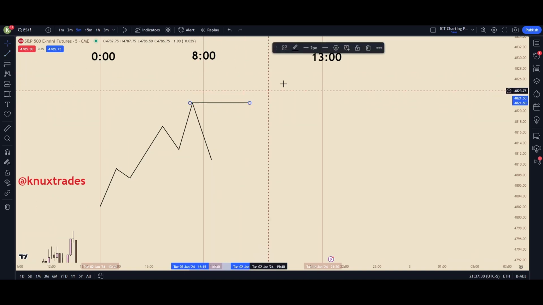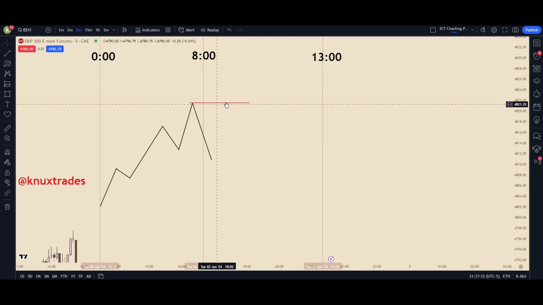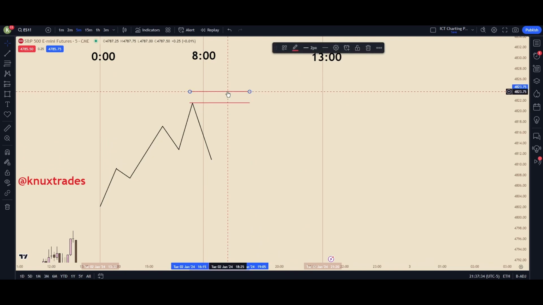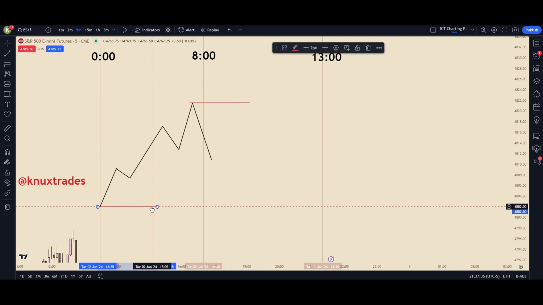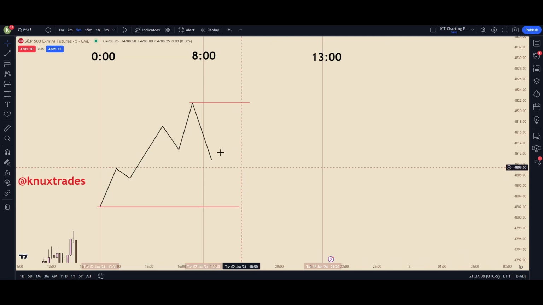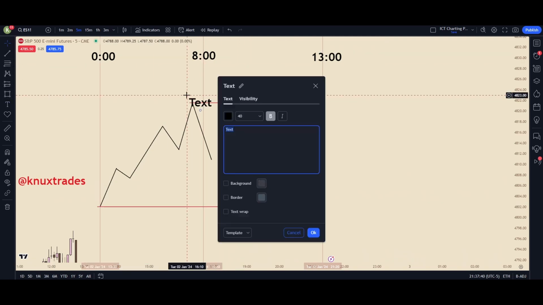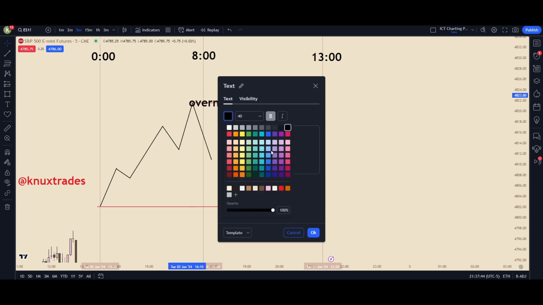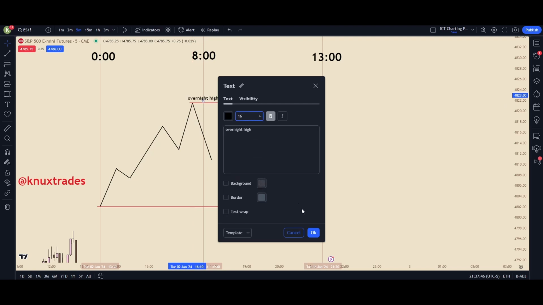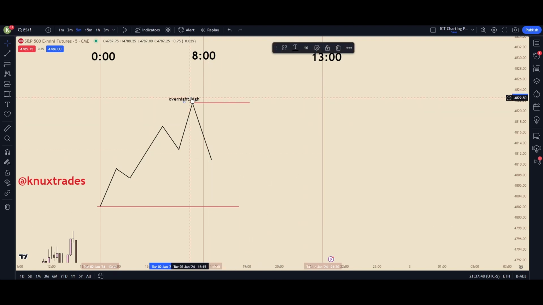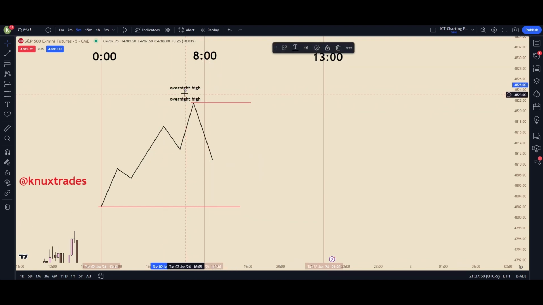This will be our high, and this would be what our low is put in right here. And then our overnight low is right here.